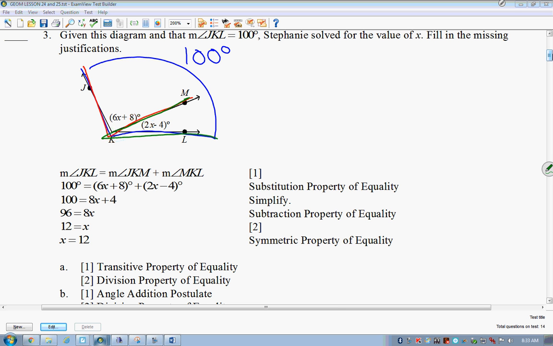Do you have multiple things equal to each other there? No, so it's not the transitive property. What am I working with? What are those things? Okay, I've got addition, but what are those things? Are they segments? They're angles, and I'm adding them. Right?